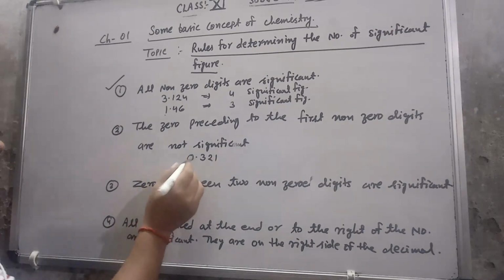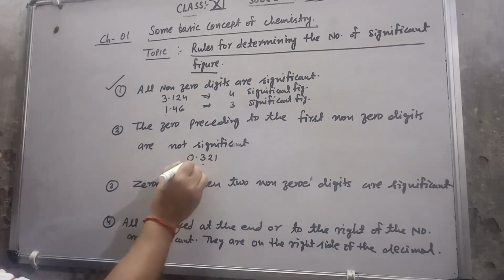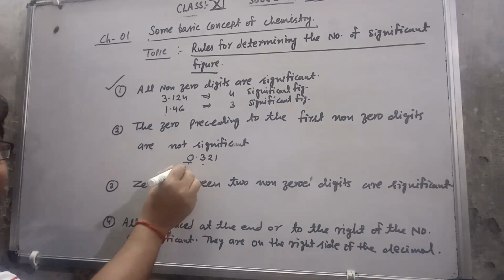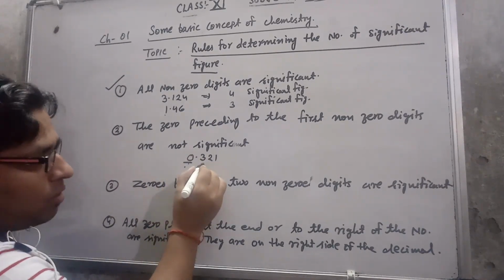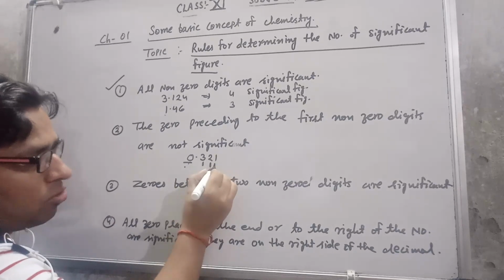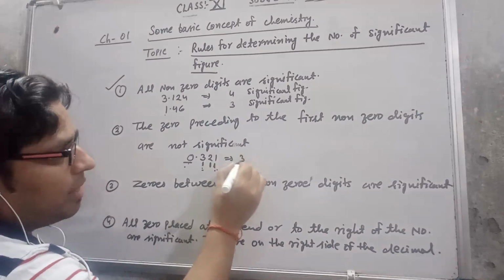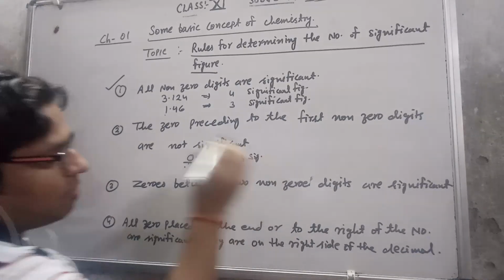This 0 is lying on the left-hand side of the first non-zero digit, so it is not a significant figure and will not be counted. The rest are non-zero digits, so the total is 3 significant figures.